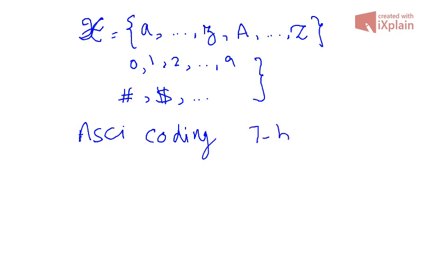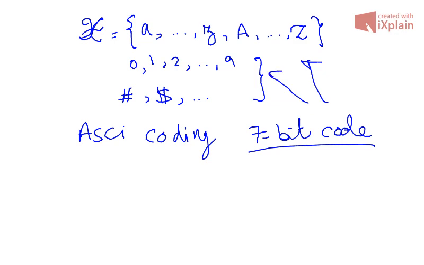It provides a 7-bit code for each of these letters, numbers, or special characters, which means that following the ASCII coding technique, you can have 2 raised to the power 7, which is 128. You can represent 128 characters.